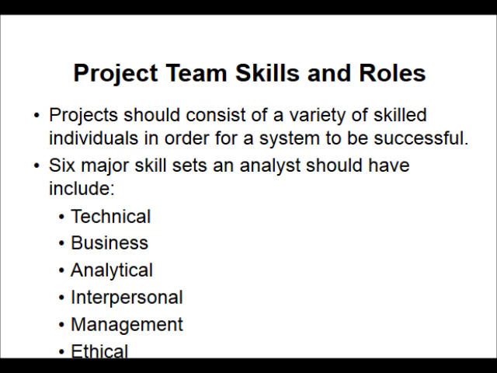Then there are project team skills and roles. The project should consist of a variety of skilled individuals in order for the system to be successful. Six major skills an analyst should have include technical, business, analytical, interpersonal, management, and ethical.